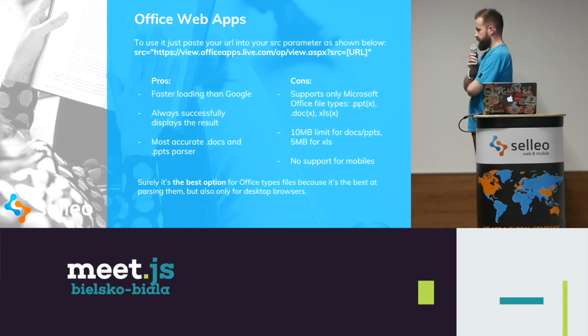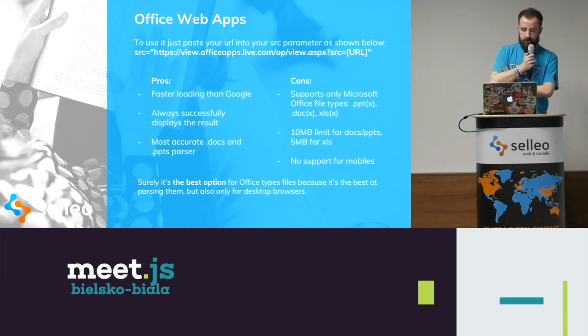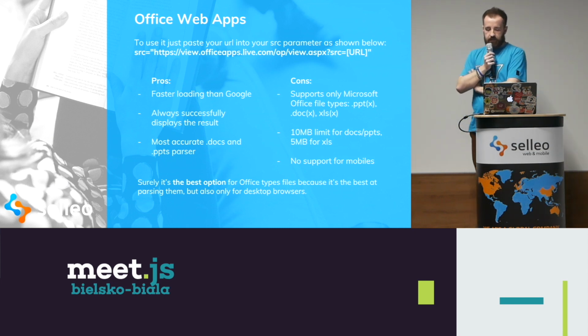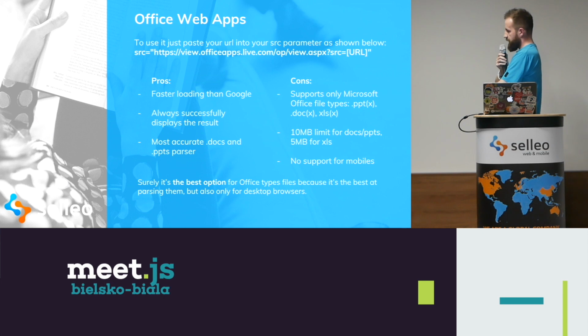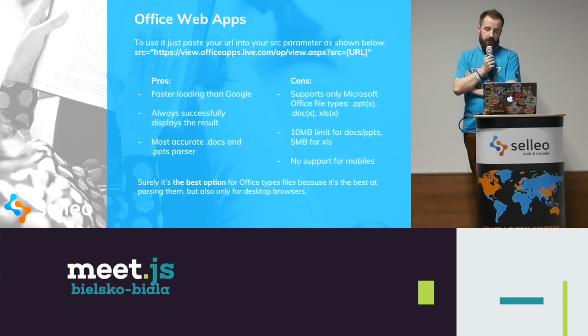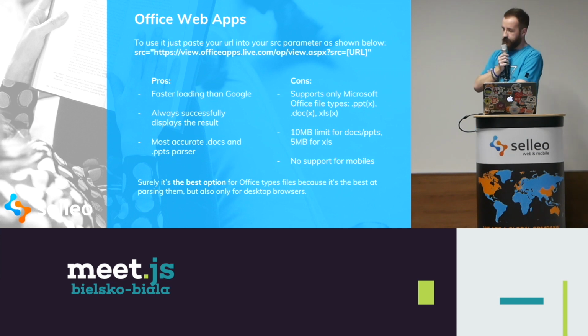The cons are that it supports only Microsoft Office file types, PowerPoint, docs, etc. It has a pretty small file limit, 10 megabytes for docs and PowerPoints, and 5 megabytes for Excel.